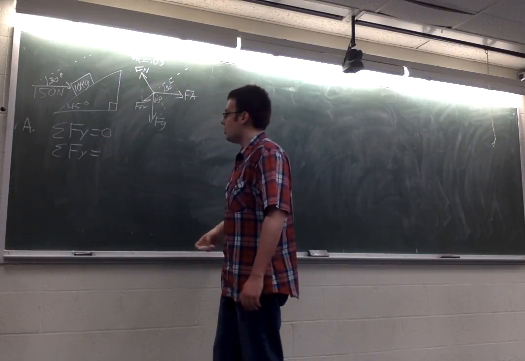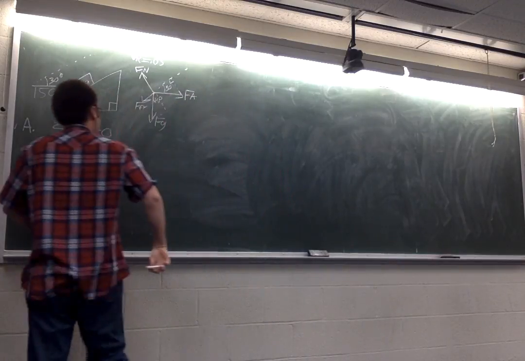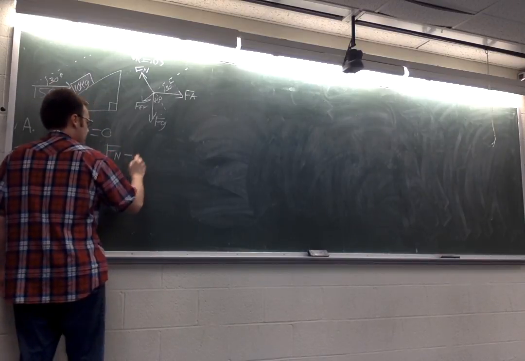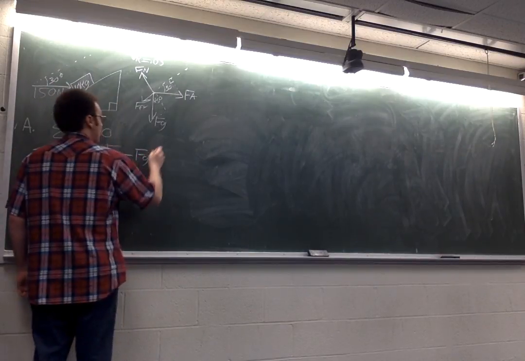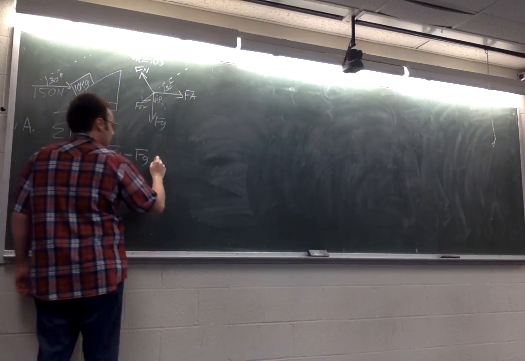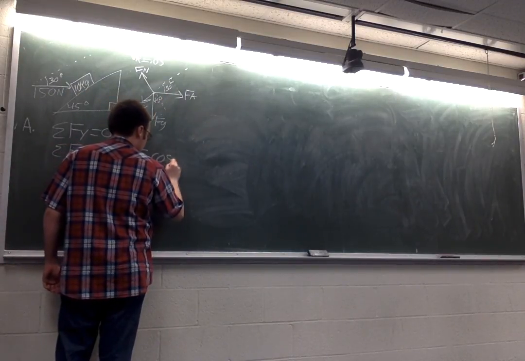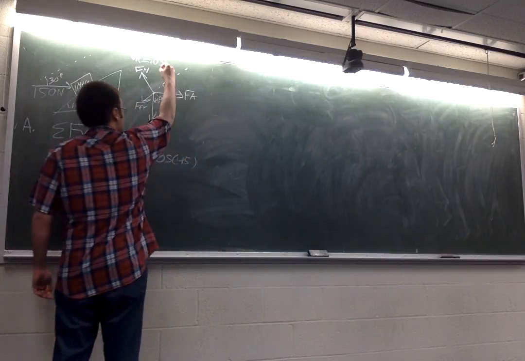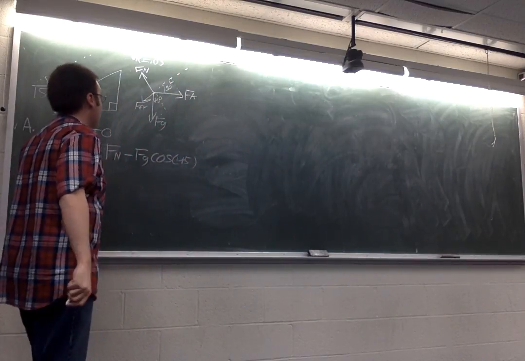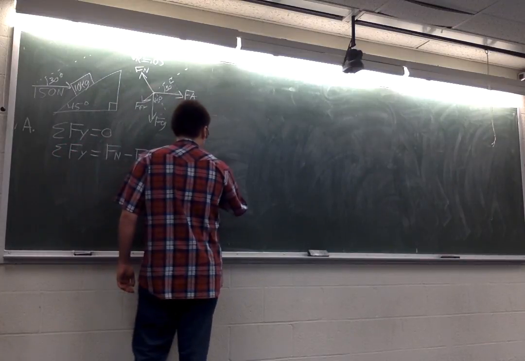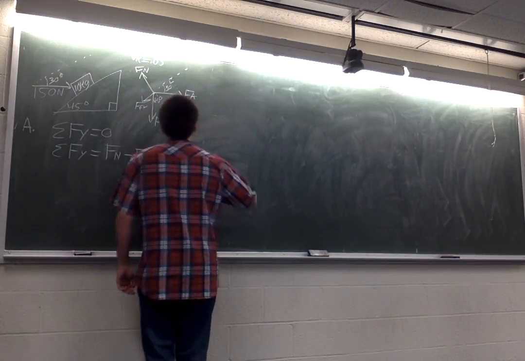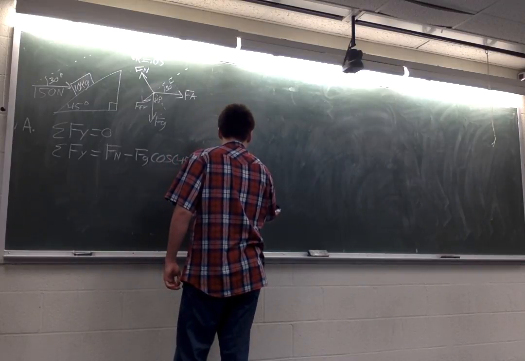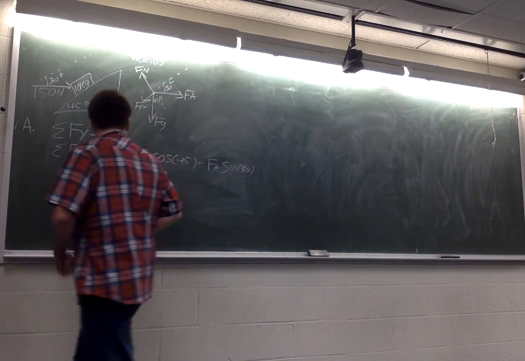Cool. So we have everything up minus everything down, so I have the normal force minus the force of gravity in the y direction, which would be cosine, because it's adjacent to the angle, minus the y component of the applied force, minus Fa, and that would be sine 30, because it's opposite the angle.